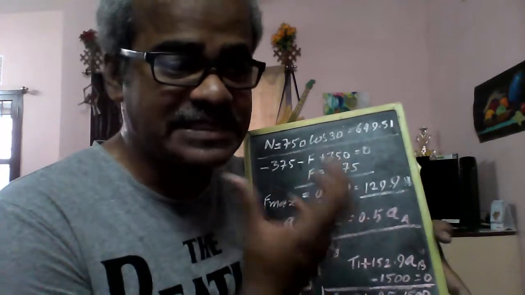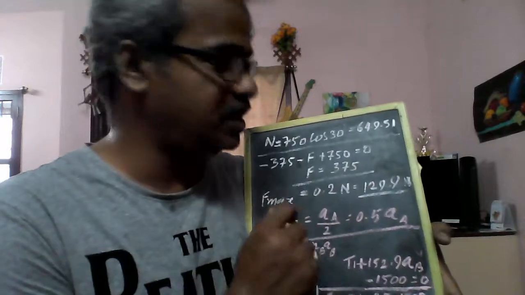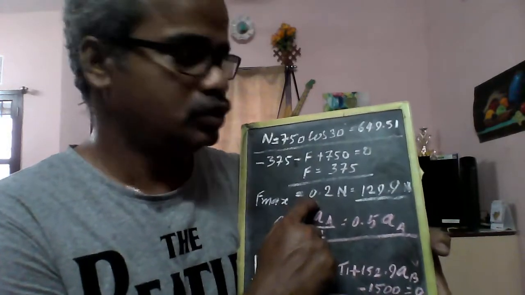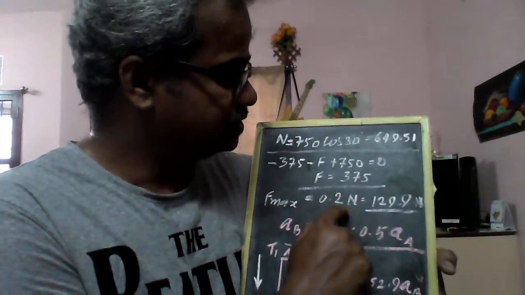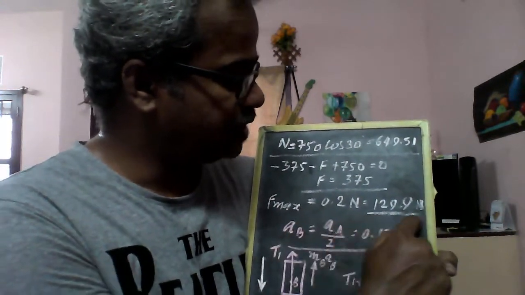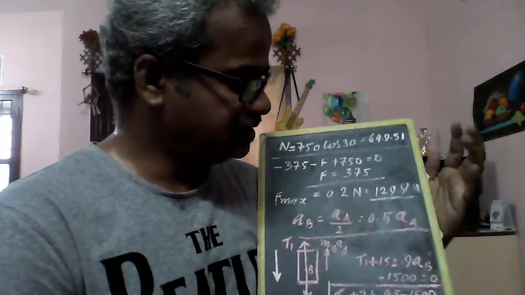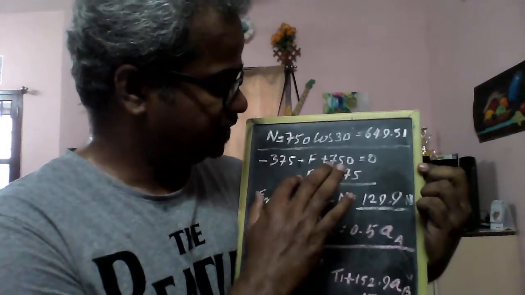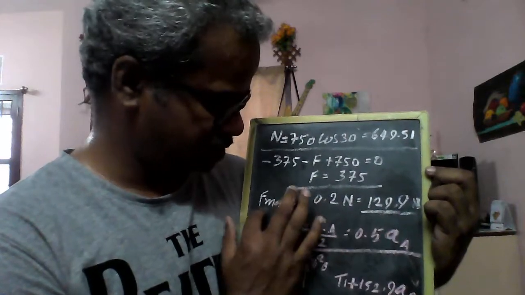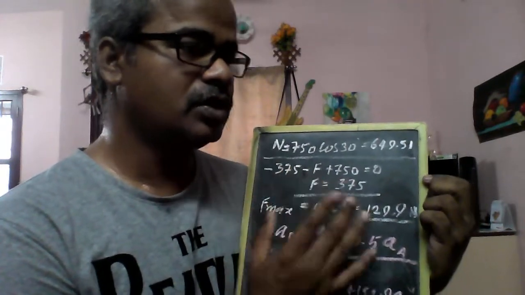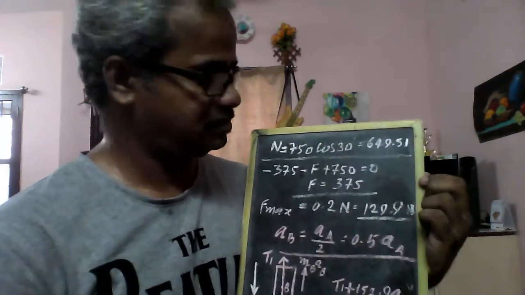So we have to find out the maximum frictional force. The coefficient of friction in this problem is given as 0.2. So 0.2 into N, what is the normal force? 649 into 0.2, if you calculate, you will get 129.9.